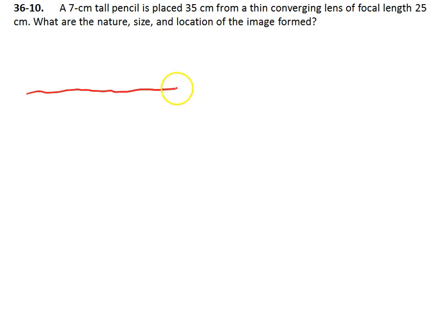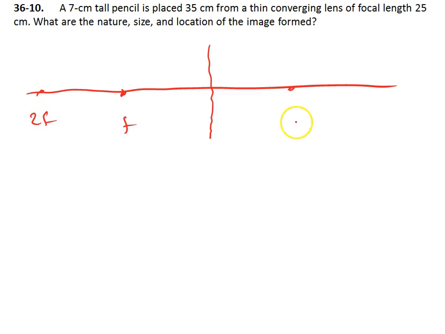So we'll draw in an optic axis and we'll put the lens at that position. That's supposed to be a straight line, of course, and we'll mark the focal point and 2 times the focal point on both sides.